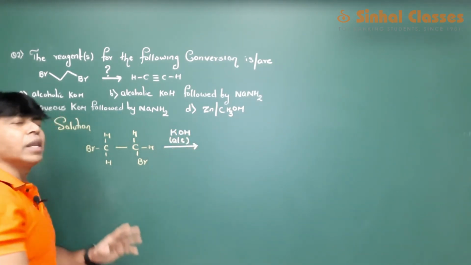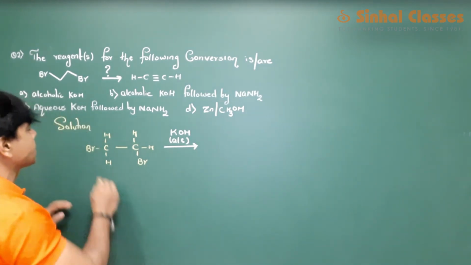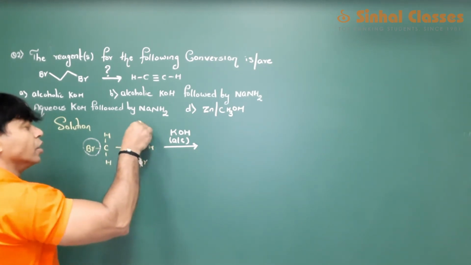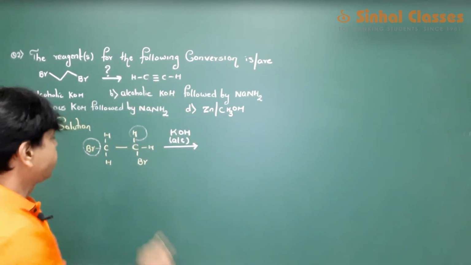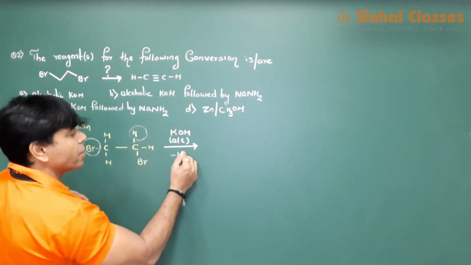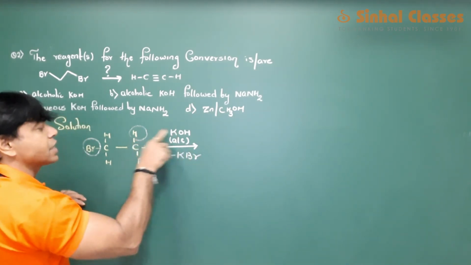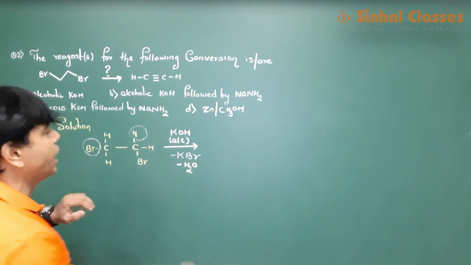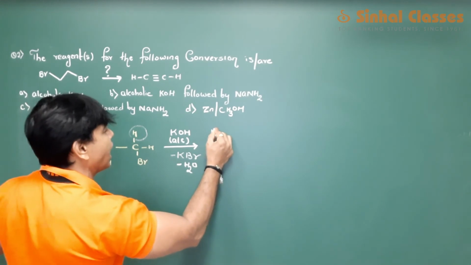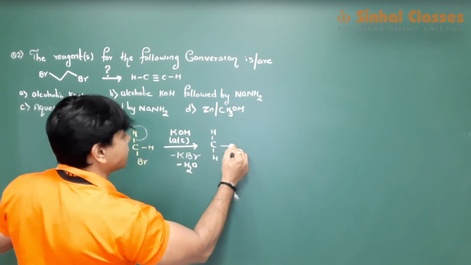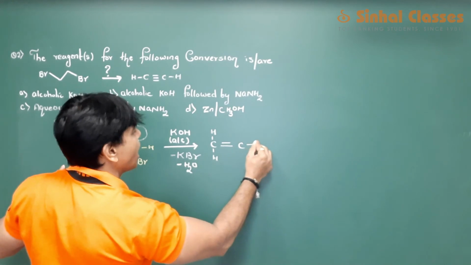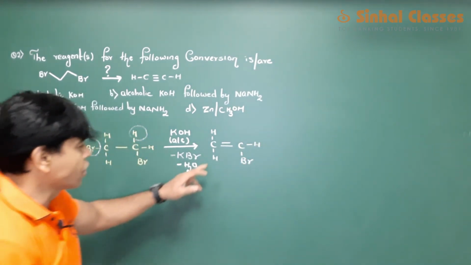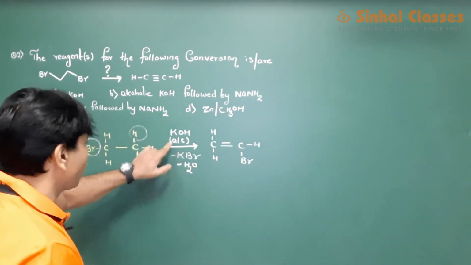When you use alcoholic KOH, the Br will come out from here, H from here will go out, this Br will go with K forming the byproduct KBr, and this H will go with OH forming water. What you get is a double bond here. So you get H, H, double bond C, H, Br. Bromoethene, you get bromoethene with alcoholic KOH.